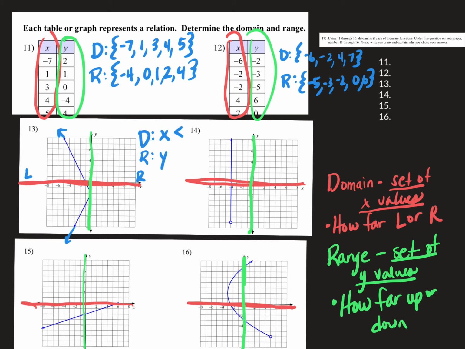So I need that ordered pair to know how far left or right it goes, because that would be my furthest point to the right on that blue sideways V-shaped graph. So we need to know what that is.